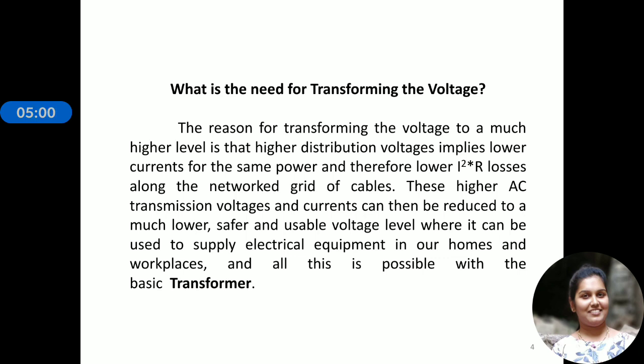All this can be done by using a device that we call a transformer. As the name suggests, it transforms the voltage to a higher level, and sometimes to a lower level also. Transforming the voltages to our convenient levels can be done using a device called a transformer.